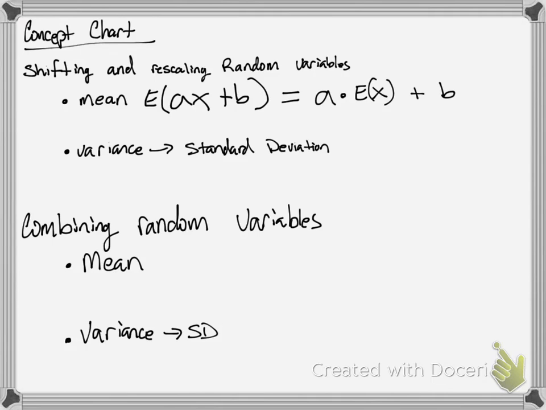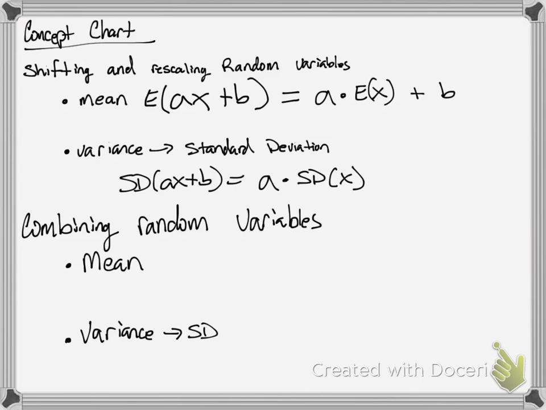And the standard deviation of aX plus b is equal to a, the scalar, times our standard deviation of our random variable. Remember, we're not going to add the constant to our measures of spread.